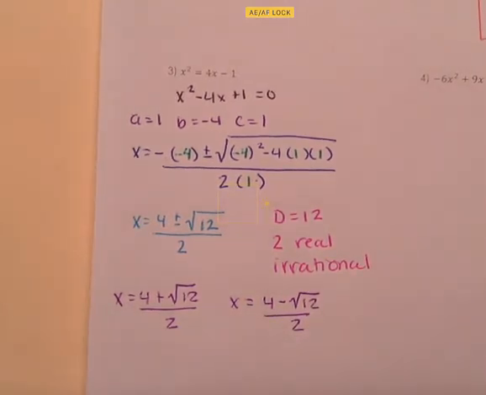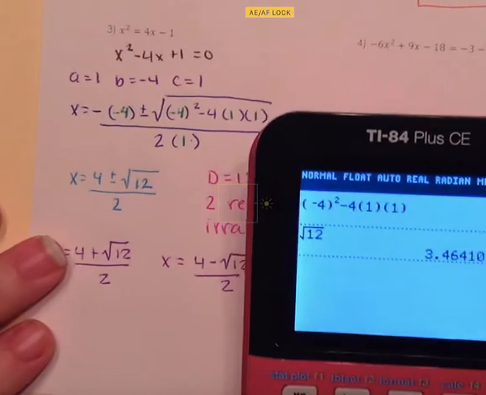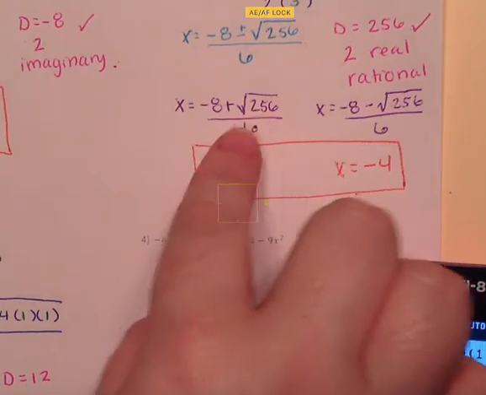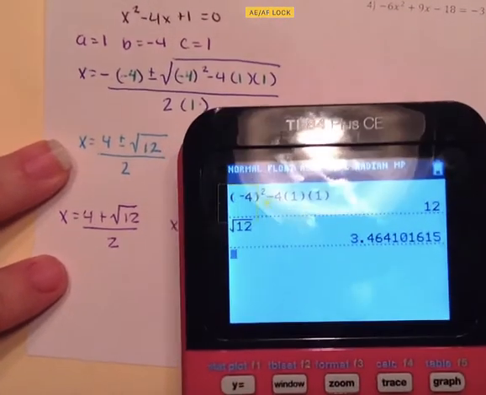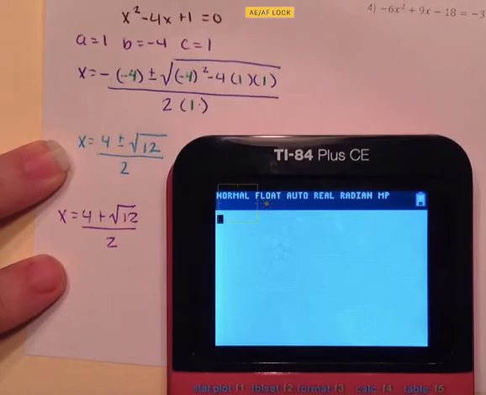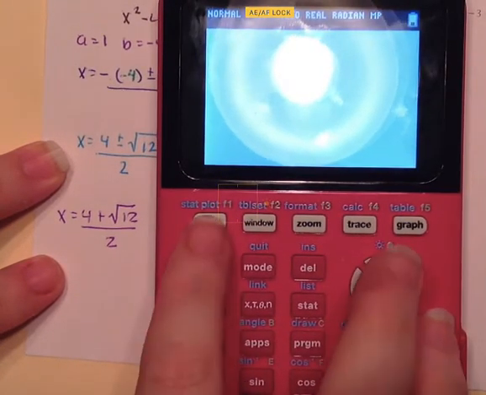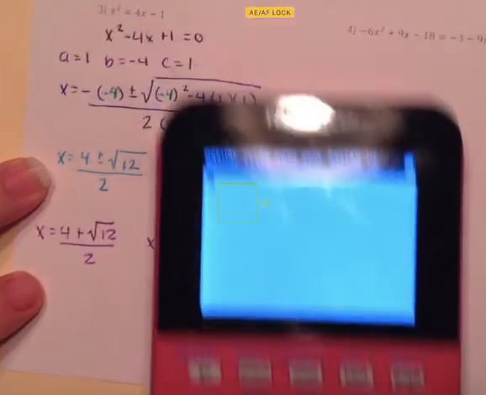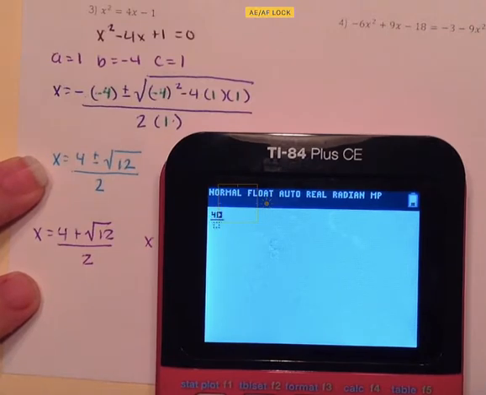So I'm going to show again on the newer calculators. I've already shown how to do these up here by doing the top, enter, then divide by the bottom. And on the newer calculators, I'm going to show you how to put them in as an entire fraction. So I'm going to go to alpha, y equals. I'm going to get that first one because it's a fraction, numerator over denominator. I'm going to put 4 plus the square root of 12 over 2.